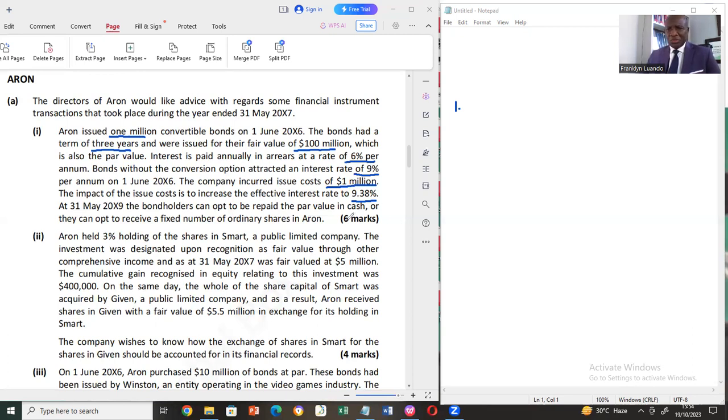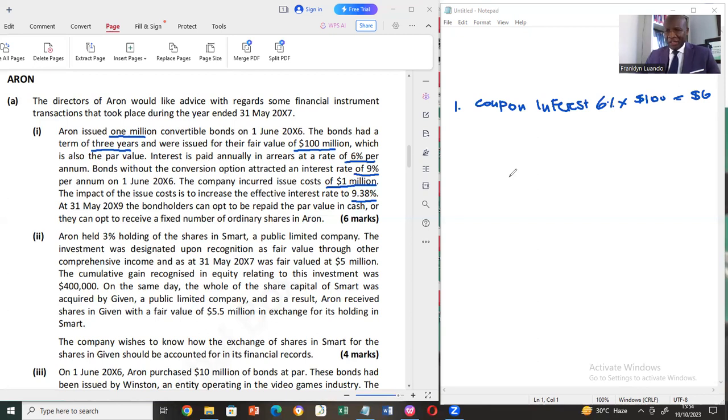The first thing that we do is to determine the debt component. Under the debt component, we need to first find out the coupon interest. Coupon interest here we have 6% of 100 million. So this will give us 6 million.